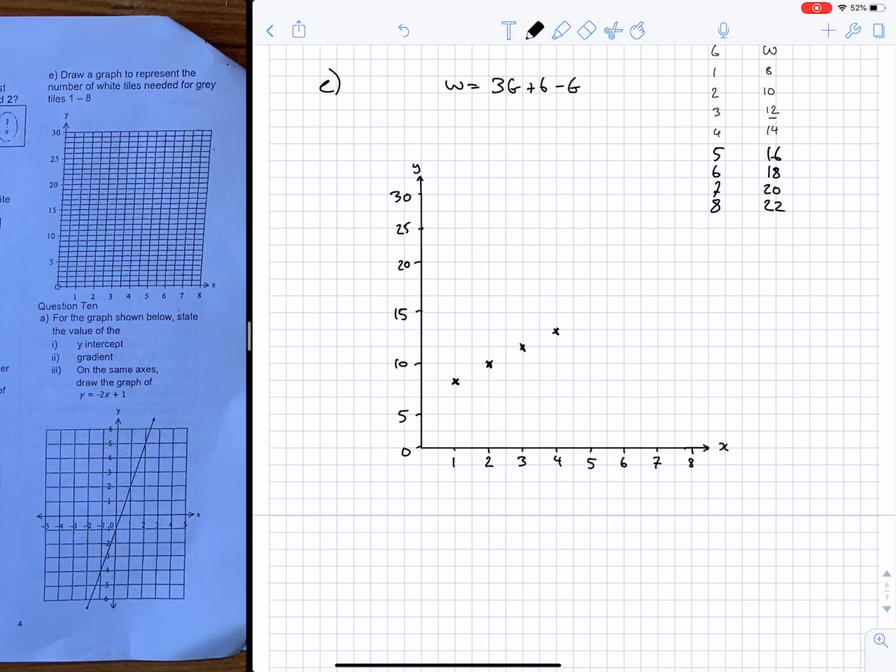Ooh, hold on. The axis is becoming difficult to draw. Maybe if we draw a bigger axis or a bigger graph, this will be easier.